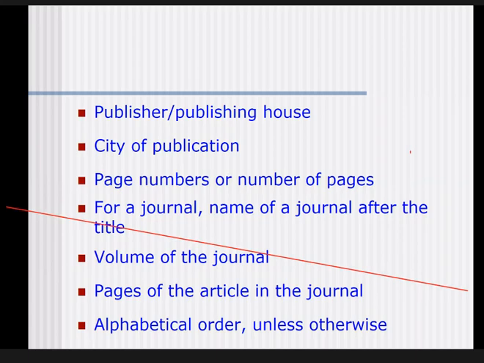And where there are no pages, and if it's online, you indicate the DOI, the digital object identifier, and you arrange the references in alphabetical order, unless where you are submitting the write-up requires some other order. But if that is not indicated, you arrange the references in alphabetical order.